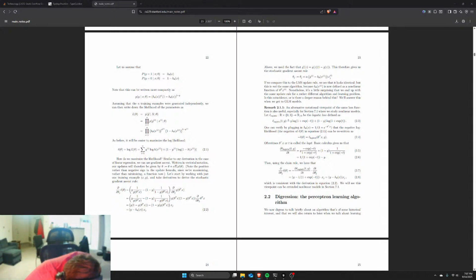Okay, so get the sum I is equal to 1 to n. We pass the, and then we do the d theta j.